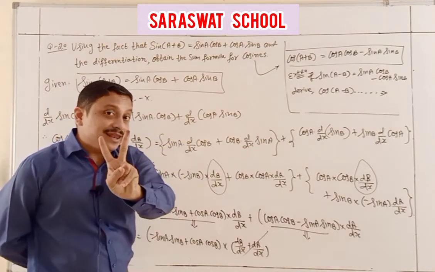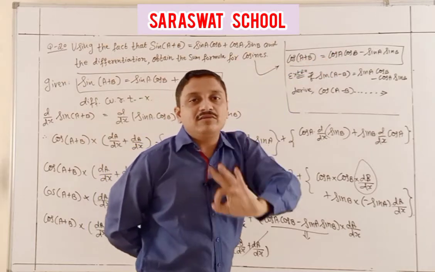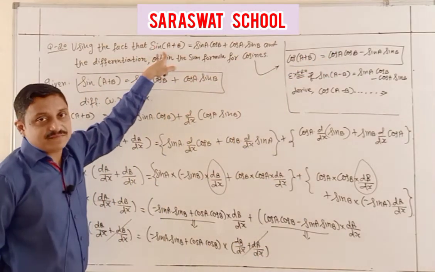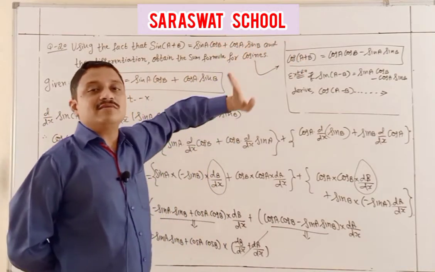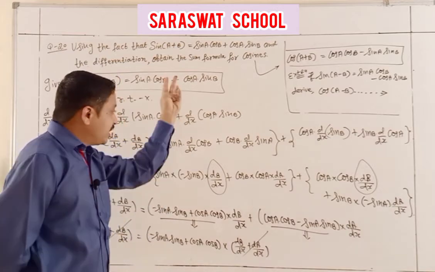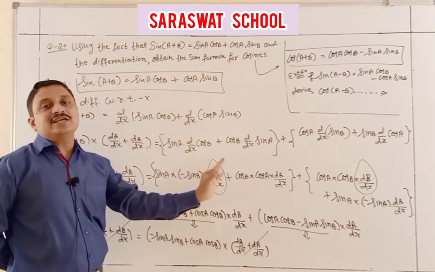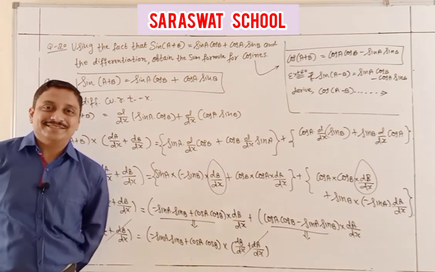One more numerical: if cos A plus B is given, after derivative you derive sin A plus B. And either cos A minus B given, then derive sin A minus B. So there are 4 types of different sums. You make the practice that way only. And students, here ends this sum.